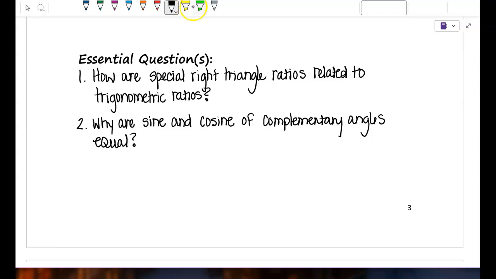So just reminding you that this term here, when they're talking complementary, that is telling us two angles that add up to 90 degrees.